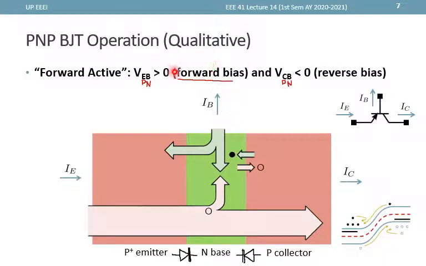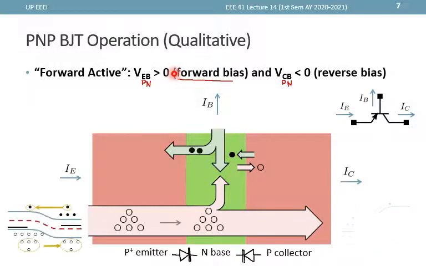Now, for the other junction, we are actually forward biasing it. So we have here a forward biased junction. Now we have here the P side, and here is the N side, and so majority carriers can cross the junction. Now we designed the BJT such that the emitter is heavily doped, and so we have here a heavy doping for the P side and a lighter doping for the N side, which is the base.